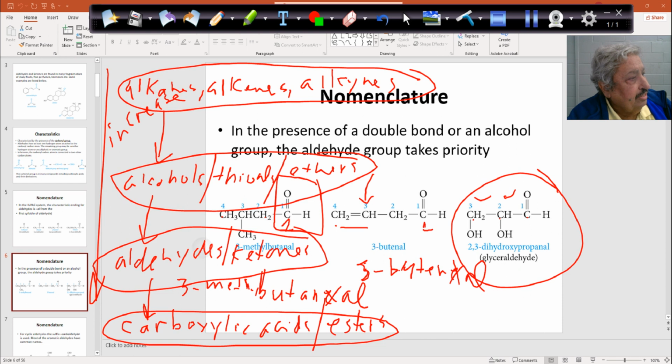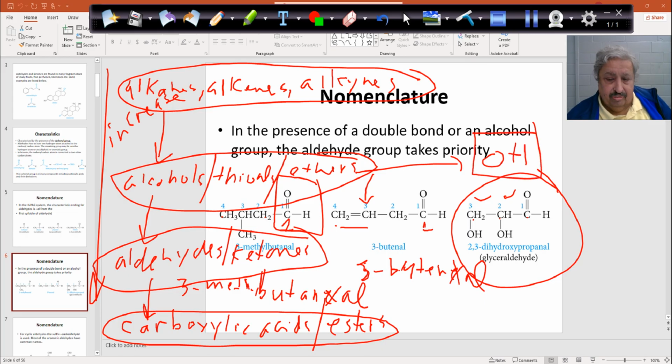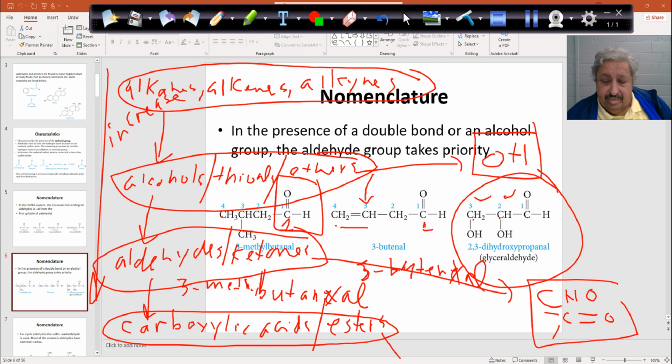Then the aldehyde will take over those. If I have an alcohol OH group and an aldehyde, the structure will be named after the aldehyde. If I have an aldehyde group and a carboxylic acid group, the carboxylic acid takes over. Alcohol is OH, aldehyde and ketones are CHO or CO for the ketones, carboxylic acid is COOH.